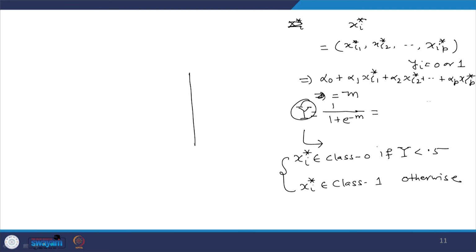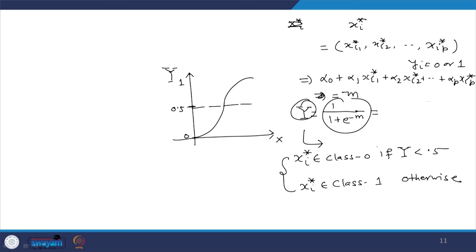So, what do I have? I have x here, y here, and I have this curve. Here it is 0, it is 1. So, at 0.5 you have this thresholding.